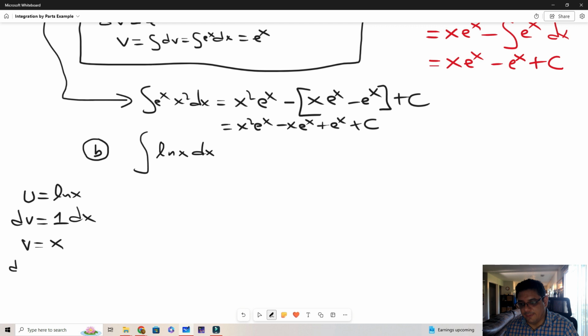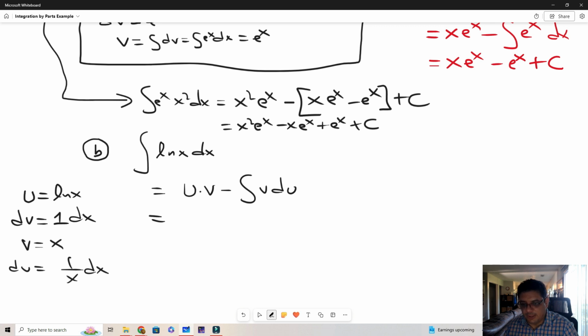Doing the derivative du, I get 1 over x dx, because the derivative of log of x is 1 over x. So du dx is 1 over x, and du is 1 over x dx. Now, doing the integration by parts, this is u times v minus the integral of v du. Notice what happens.